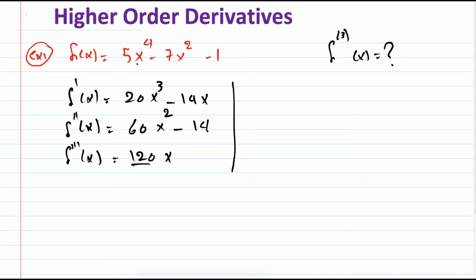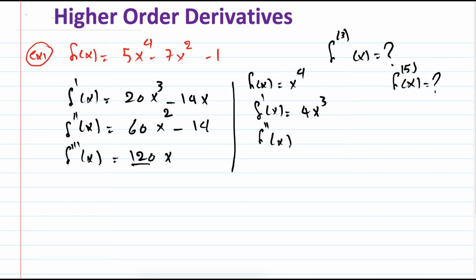Suppose I have f of x equal to x to the 4, and I'm asking you to find me the fifth derivative of this function. According to this, the fifth derivative will be 0. So let's see if it's like that. f prime of x equals 4 times x to the 3. The second derivative equals 4 times 3x to the 2.